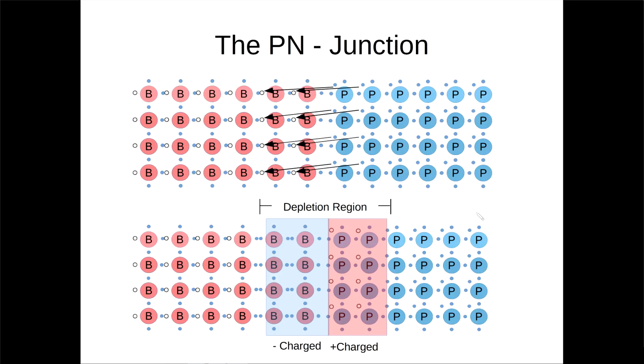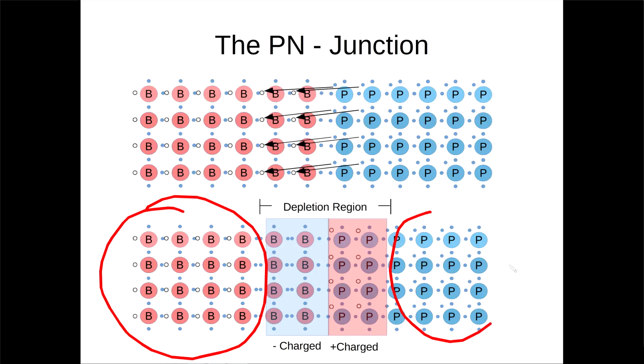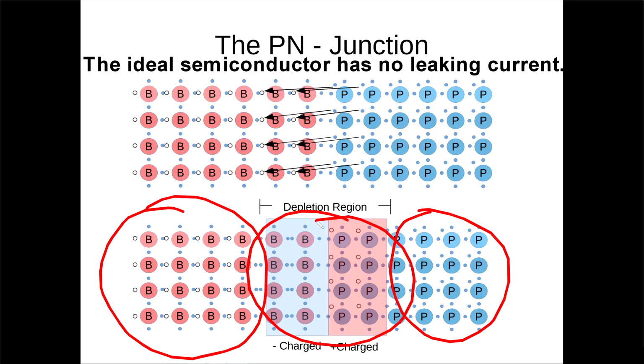And one other really important thing I want to tell you guys about the depletion region: remember before I said these semiconductor materials on their own, the P and the N type, both conduct electricity. So they're almost like metals, almost like conductors. But this depletion region does not conduct electricity. It does not allow current to flow through it at all.